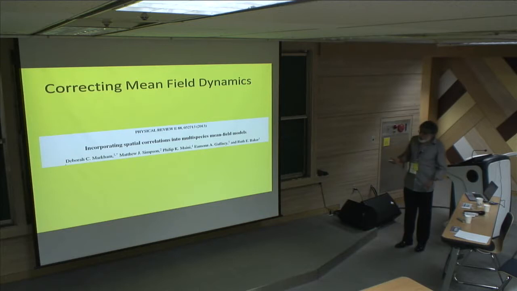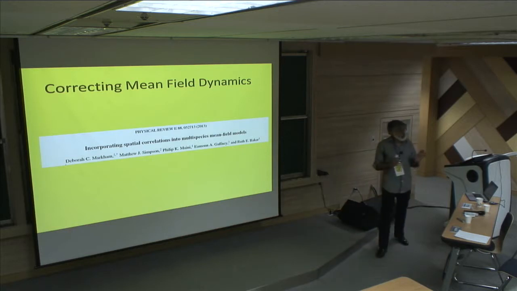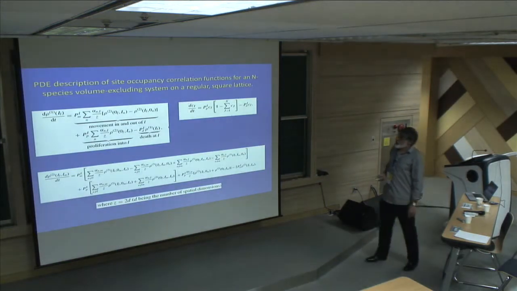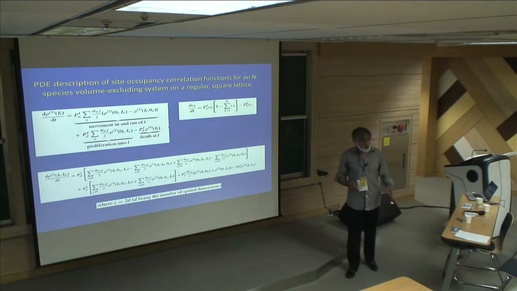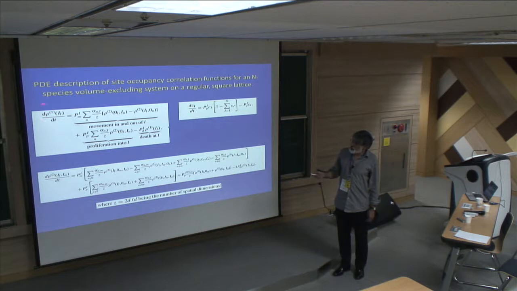And we've been doing quite a bit of work on how you correct, so to speak, the mean field dynamics by bringing in the fact that cells have volume. So one aspect of this is, if you think of cells sitting on sites, you ask the question, what's the probability density that site L is occupied?